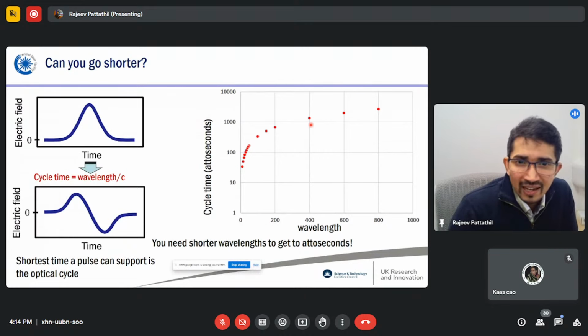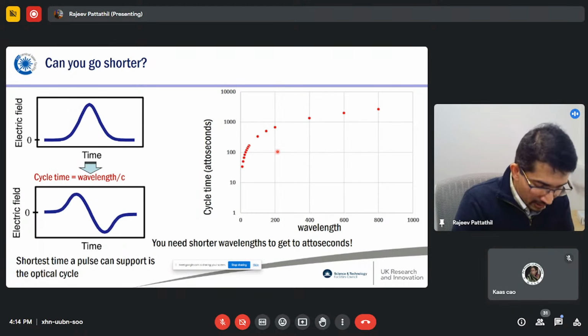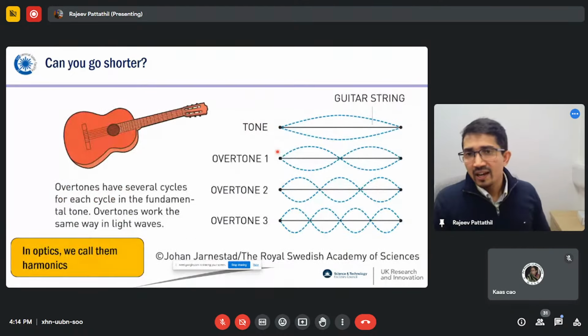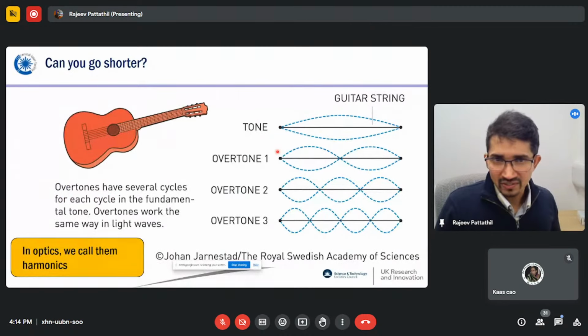But you can do something clever to get a shorter wavelength. One such way is producing overtones of these frequencies.